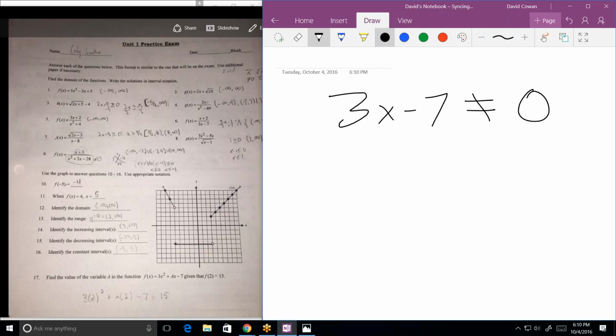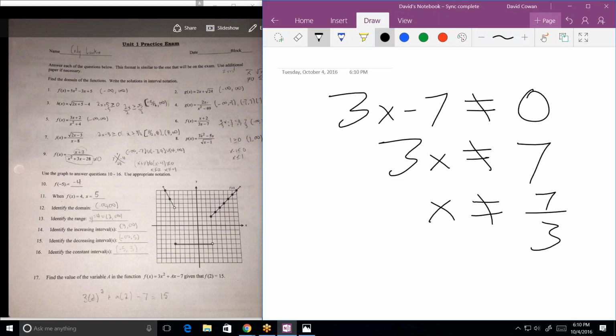What that tells you is 3x minus 7 cannot be equal to 0, and that's the only restriction we have. And now if we solve that, X cannot be equal to 7/3. In other words, it solves just like an equation. And to get that, you know how to put that in interval notation.